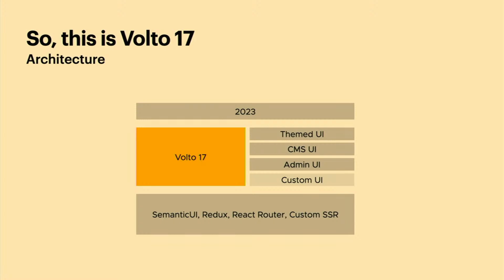The internal Volto architecture matches the one that is present, or that was present, in Plone. Monolithic or all-in-one architecture. The CMS UI, the admin UI, and after that we can customize, once again, on top of it.